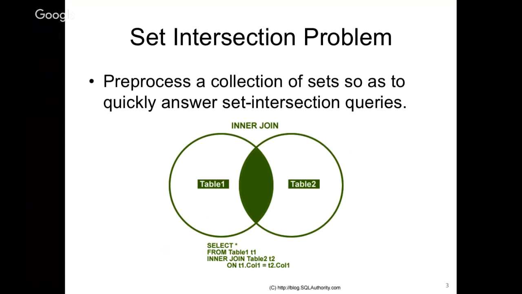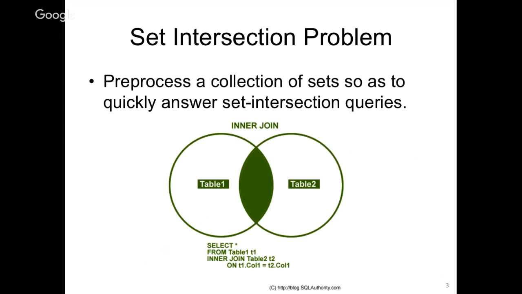A related problem that we study in this paper as well is the set intersection problem. In fact, we're going to be using this as our inner loop subroutine for solving the triangle listing problem. In this case, the problem is to pre-process a collection of sets so as to quickly answer set intersection queries. Or in the database community, this would be known as an inner join that we'd like to do between two sets represented as tables.